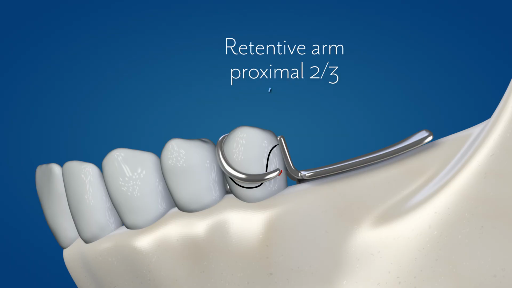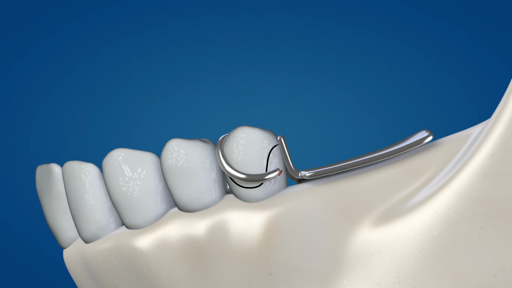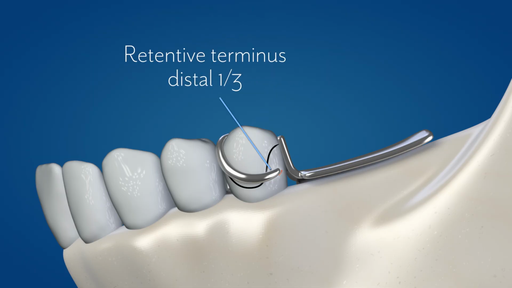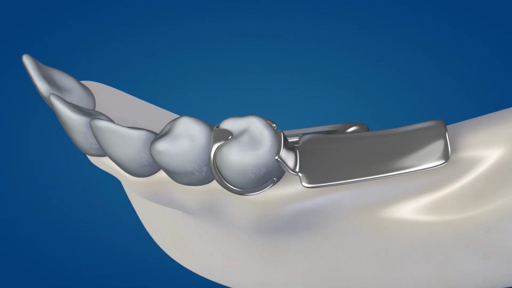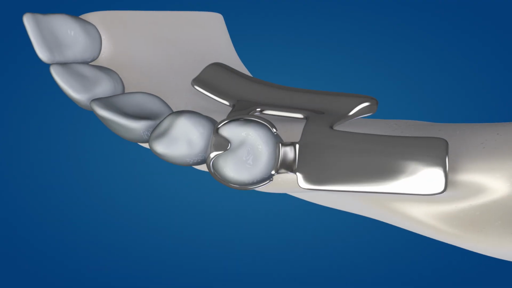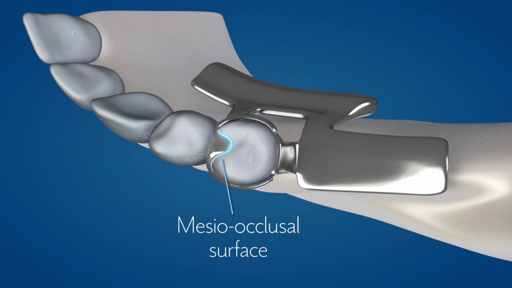Notice that the proximal 2/3 of the retentive arm is located at or above the height of contour, while the retentive terminus enters the area below the height of contour to engage the measured undercut. When viewed from an occlusal perspective, we see that the rest is located on the mesio-occlusal surface of the abutment.